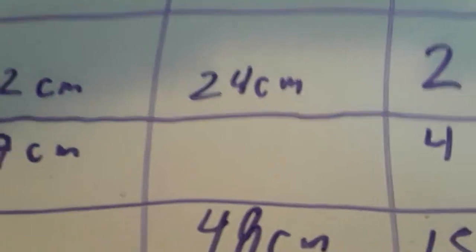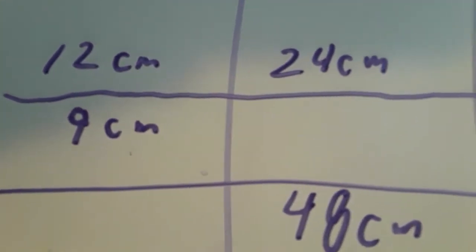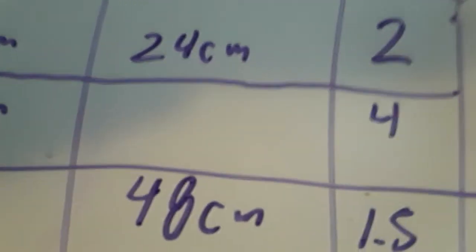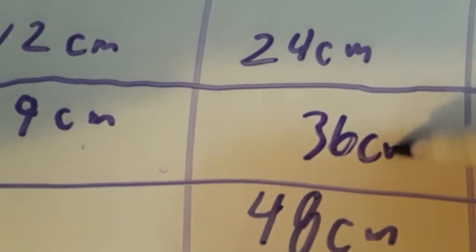So we just go back here and we've got a scale factor of 4, and the original is 9 centimeters, so we multiply 4 by 9 and we get 36 centimeters.